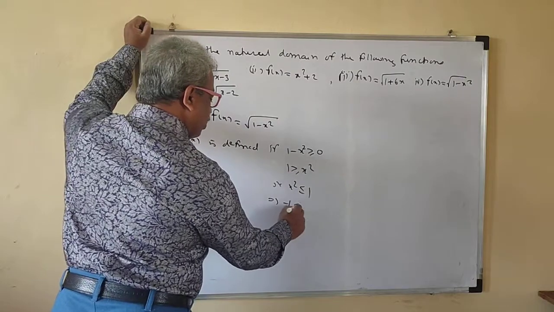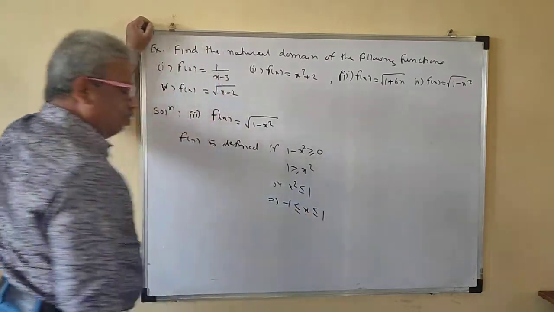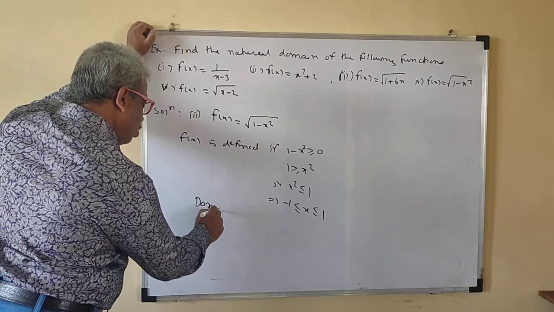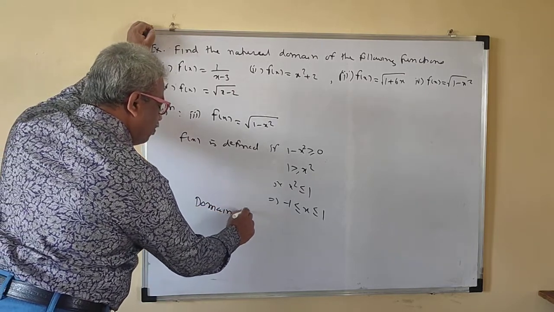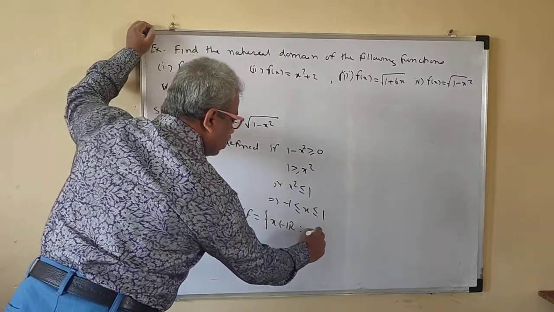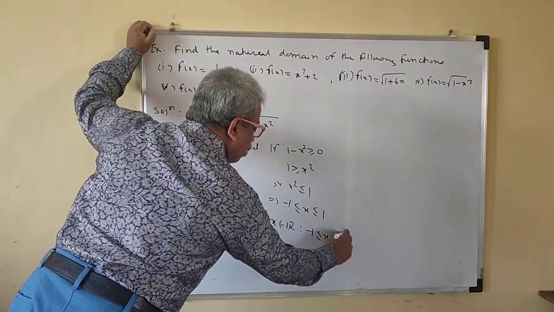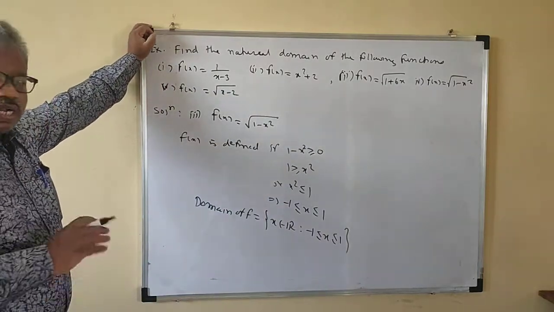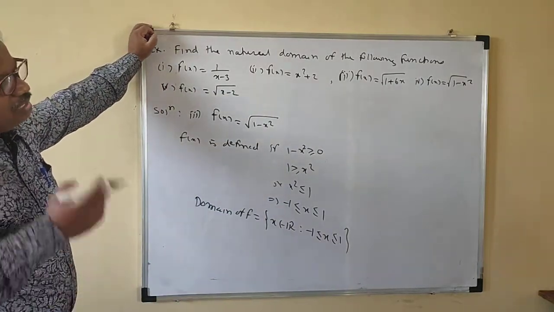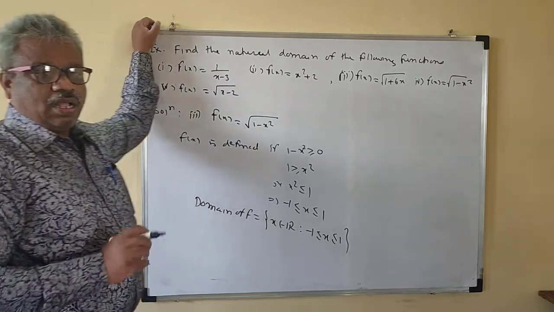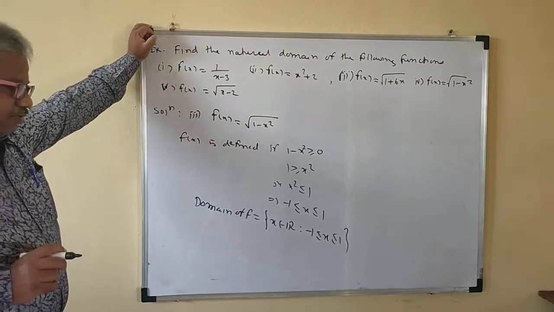Minus 1 is less than or equal to x less than or equal to 1. That means your domain of f is x belongs to R such that minus 1 is less than or equal to x less than or equal to 1. Only these possible values. If you take any other value which does not lie between minus 1 and 1, your number under the root will be negative.